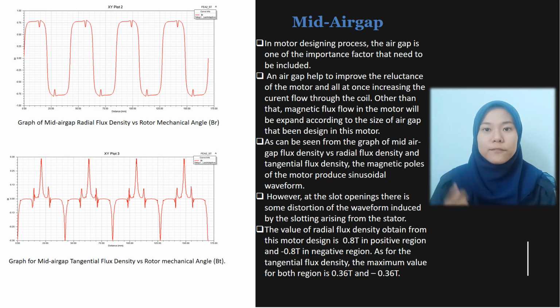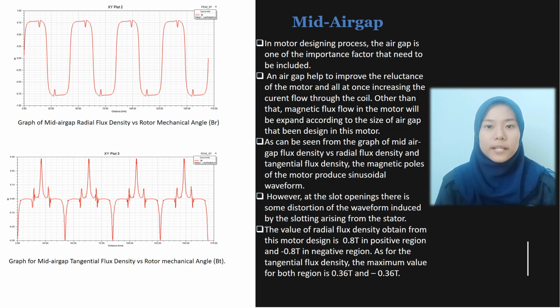As can be seen from the graph of mid-air gap flux density versus radial flux density and tangential flux density, the magnetic poles of the motor produce a sinusoidal waveform. However, at the slot openings, there is some distortion of the waveform induced by the slotting arising from the stator.